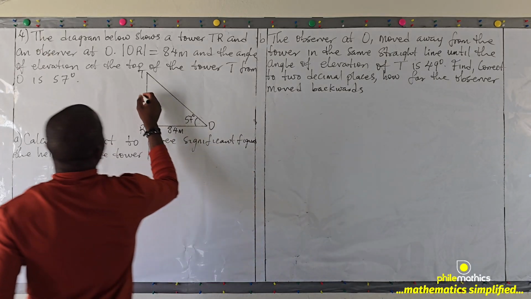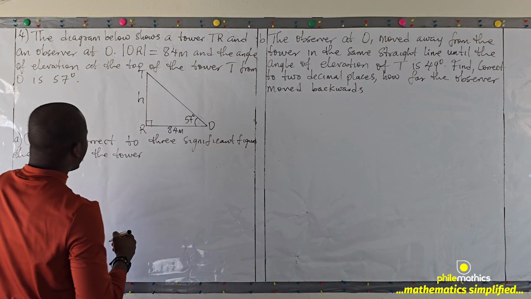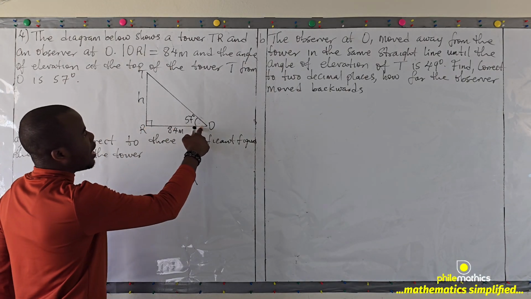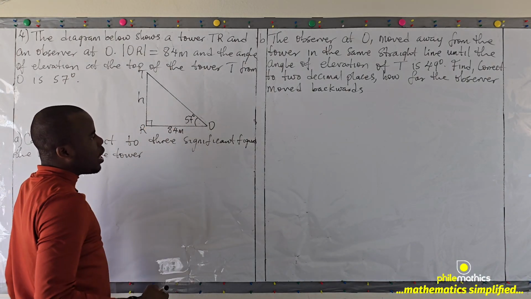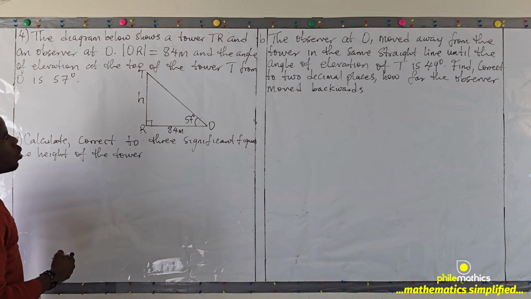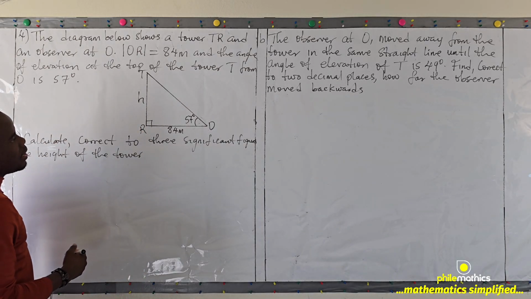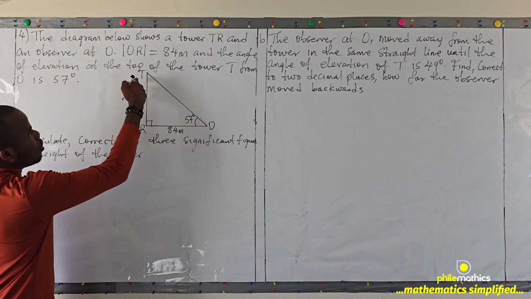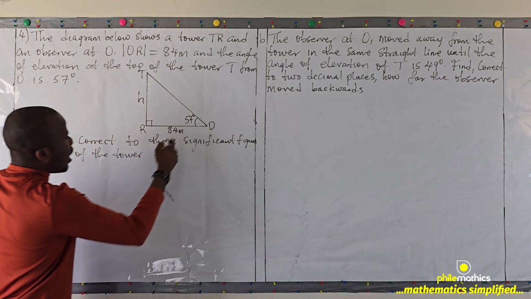So we're looking for this height first in question A. And since we know a side and an angle, we can use trigonometric ratios to get what h is. And what comes to mind is tan theta, because this is opposite and this is adjacent.